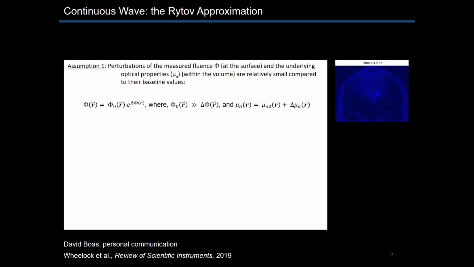So this is a movie of photon diffusion, a model of photon diffusion using Monte Carlo methods that I borrowed from our friend David Boas. Again, to recapitulate what Hamid said, you can model the fluence, which is just the photons going through an area per unit time. And we're assuming small changes in the fluence driven by small changes in the underlying optical properties.